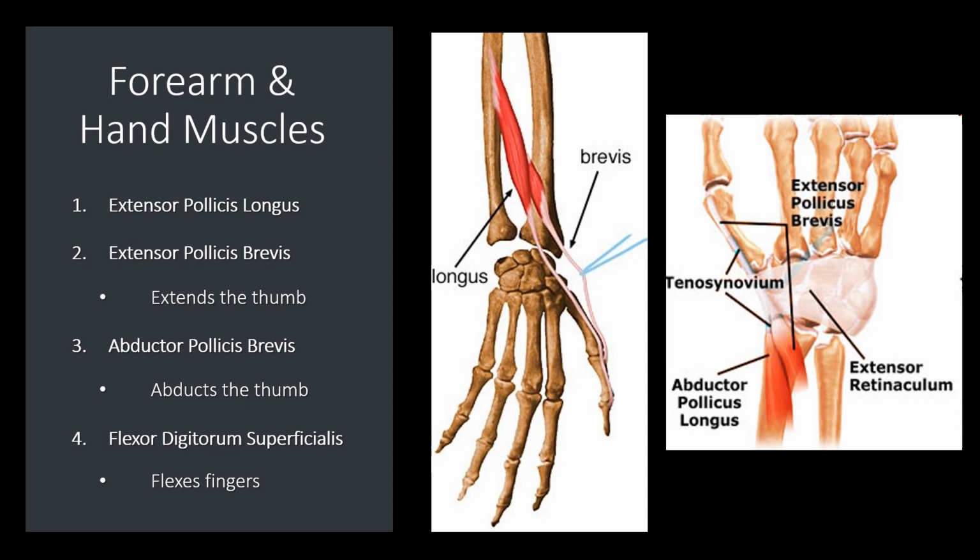So flexor digitorum superficialis is saying to me, I'm a flexor of the fingers and I'm very superficial. So again, it's doing exactly what's written on the tin. So I wouldn't really worry too much about these, because I'm sure if you see them in the test paper, you'll quite easily use your logic and work out what they do. So we won't worry about these too much.